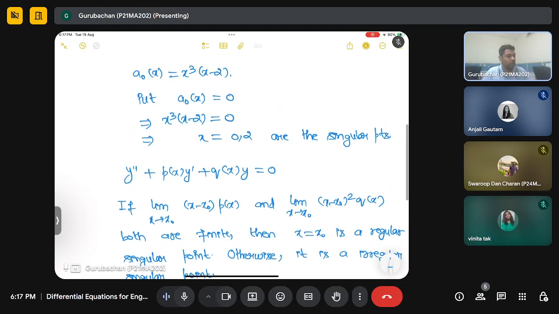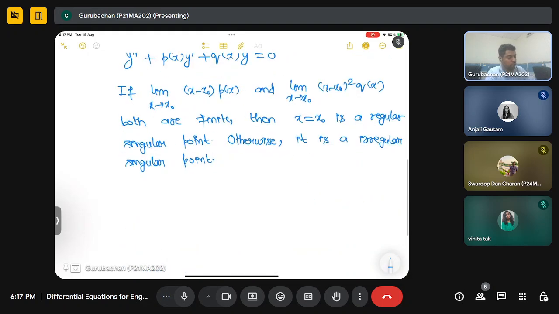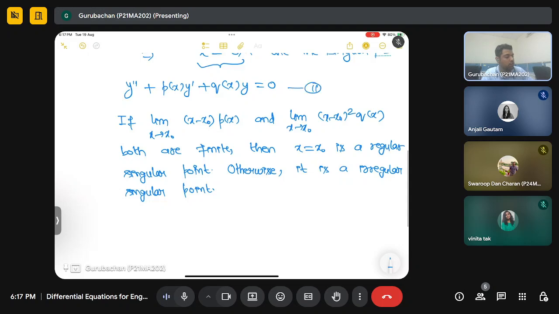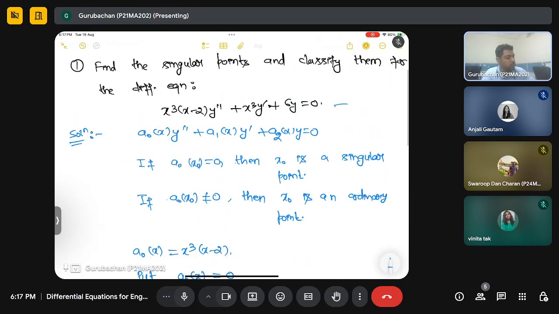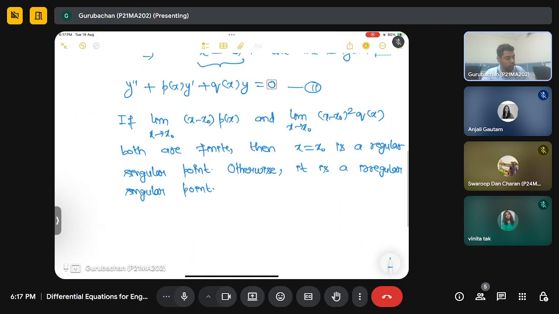So till now we see that 0 and 2 are the singular points. We rewrite our given differential equation, which is equation number 1, in the form of equation number 2. We get y double dash plus x cube divided by x cube into x minus 2 y dash plus 6 divided by x cube into x minus 2 y equal to 0.